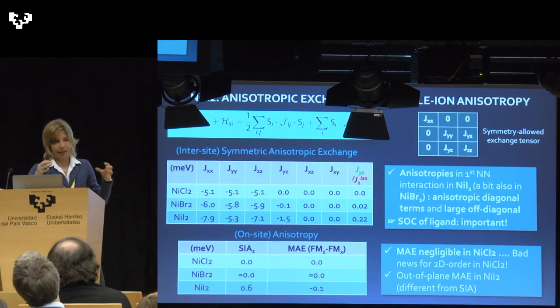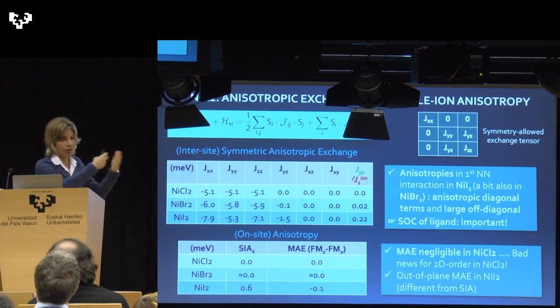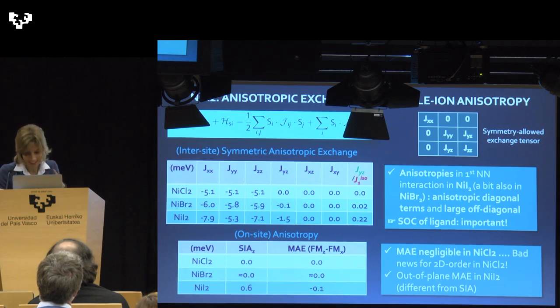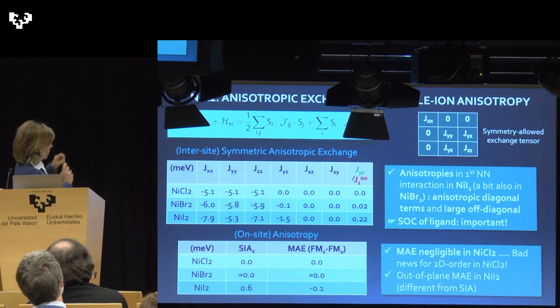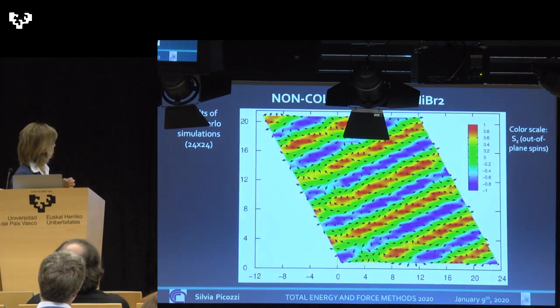So the magnetic anisotropy energy is actually the sum of the two, the single ion plus this anisotropic exchange. This has to be kept in mind. So then with these parameters, we did Monte Carlo simulations for all the three compounds.